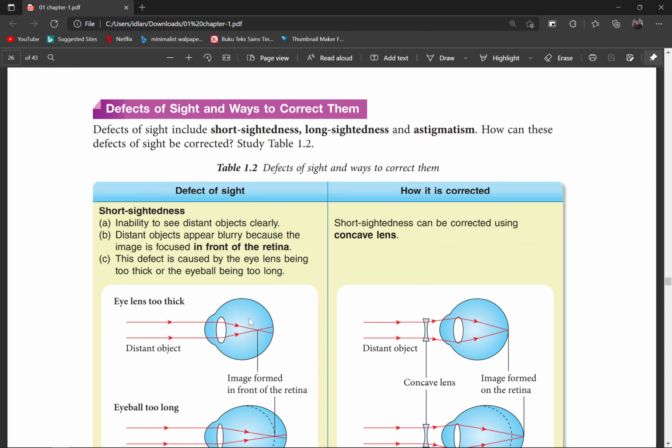Maksudnya kalau retina tu, retina tu line kuning tadi tu yang you boleh tengok kat part 1. In front of the retina, distant object. Sebab apa? Eye lens dia too thick. So bila image form in front of the retina, dia jadi blurry. Ingat tu, ini adalah short-sightedness.